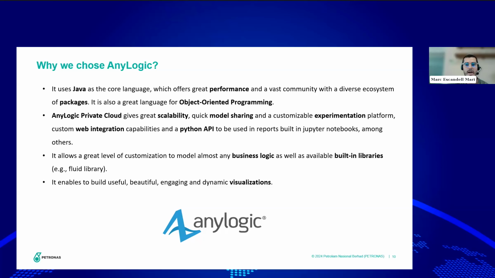So we had to migrate most of it to Java to recover the performance. Again, it's a great language for performance. It's also been there for long enough that there's a big community and a big amount of packages that can be used. It's really good for building object-oriented programming models.